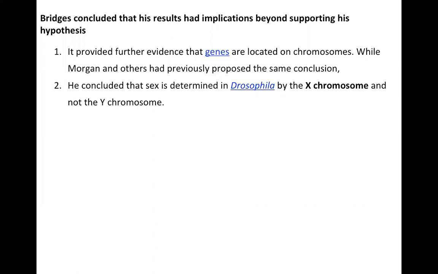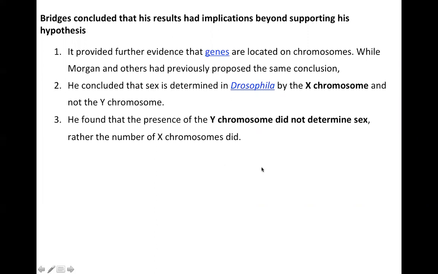not the Y chromosome. And the third concept he gave is he found that the presence of the Y chromosome did not determine sex. Rather, the number of X chromosomes did. That means the mere presence of Y chromosomes will not determine the sex of Drosophila. Instead, the number of X chromosomes will decide the sex. And one more concept he gave was that a minimum of one X chromosome is essential for the viability of the fly.